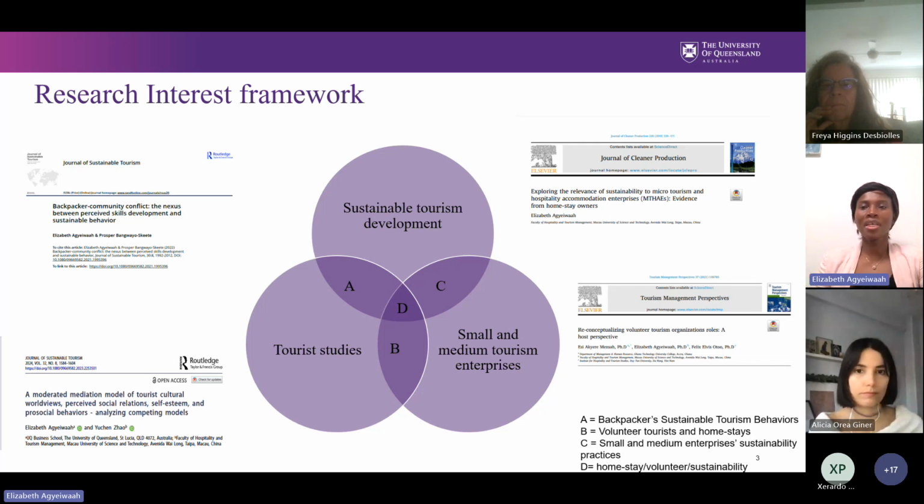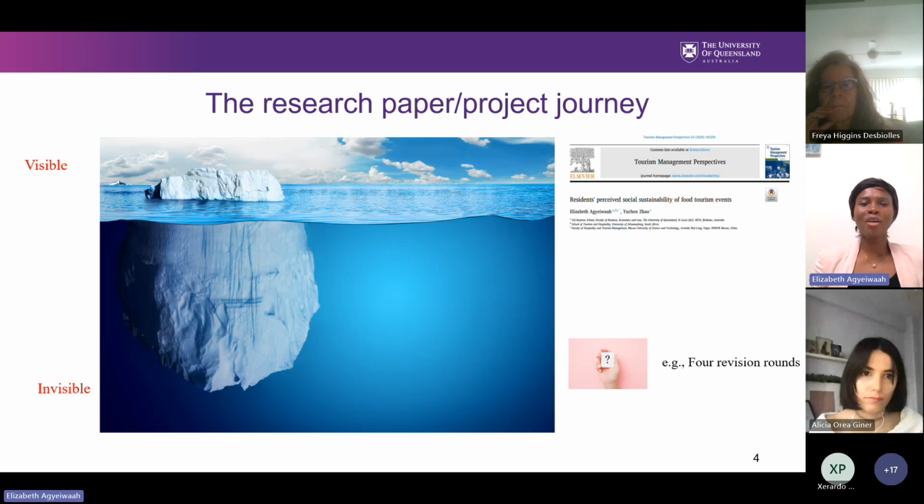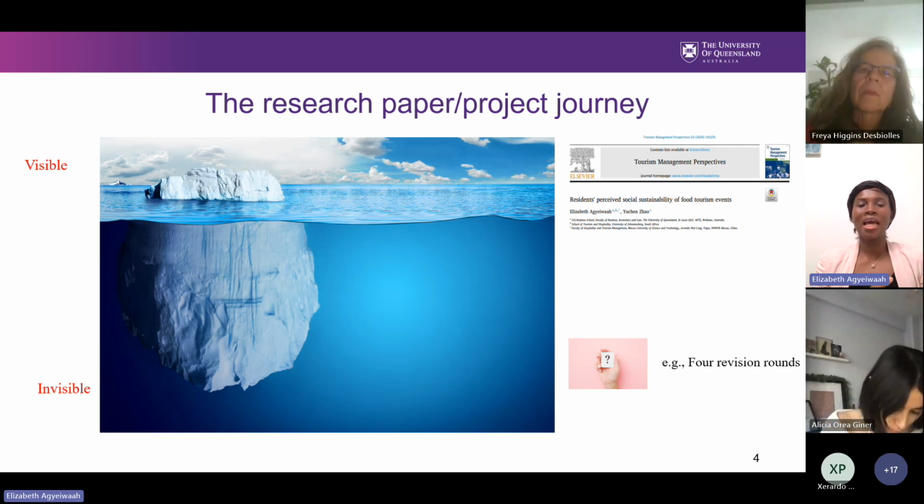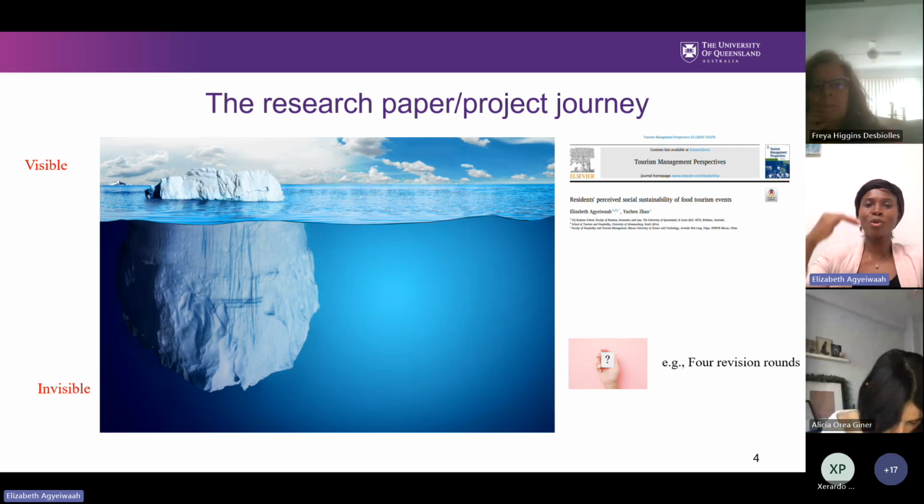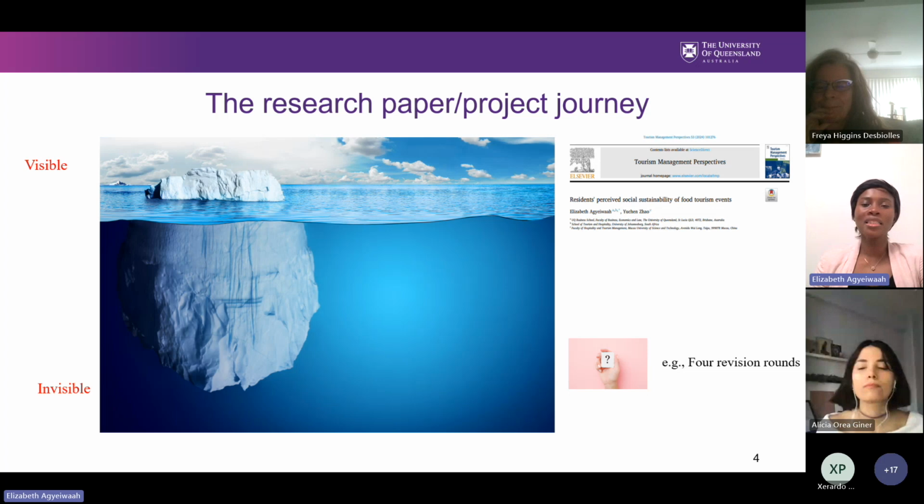But the specific study I'm going to talk about today is part of sustainable tourism development, and specifically on residents. I thought it would be interesting to share how the research journey is: when the paper is published, what you see out there is just the tip of the iceberg, but there is so much underneath it.